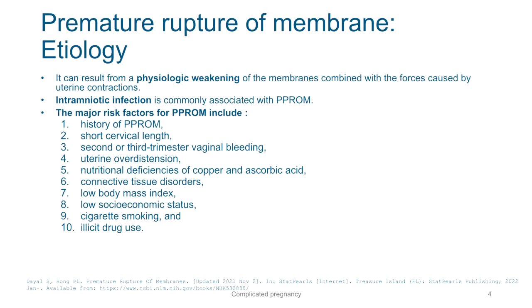We can also have an accumulation of one or several risk factors: history of previous PROM, short cervical length, second or third trimester vaginal bleeding, uterine overdistension, a lack of vitamin C or any other nutritional deficiency, problems with the collagen, low body mass index, low socioeconomic status, smoking, and illicit drugs. That's cocaine.